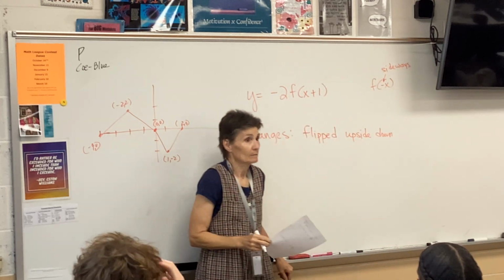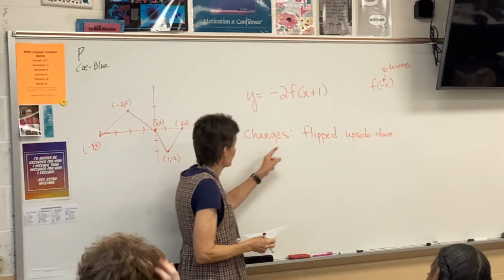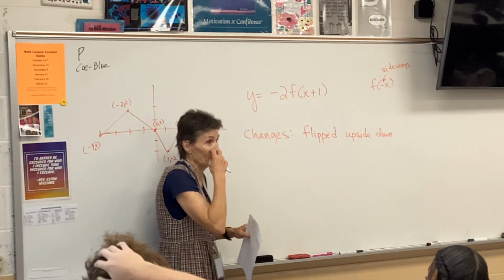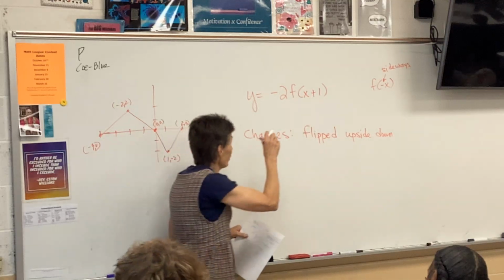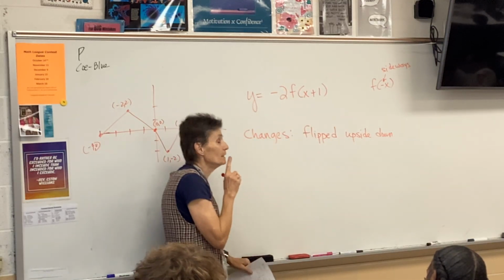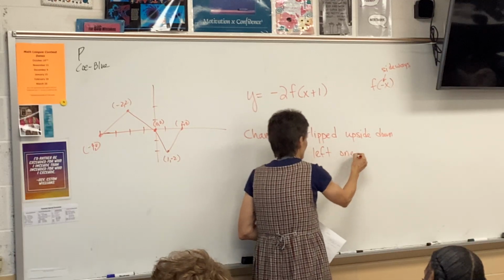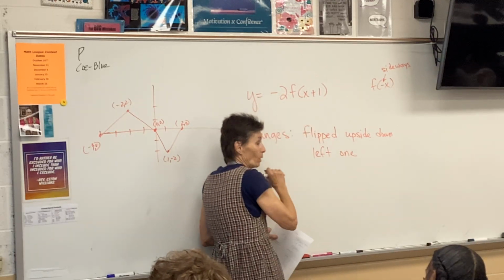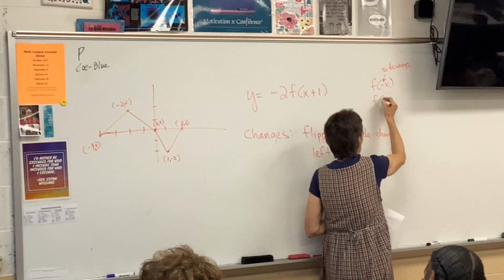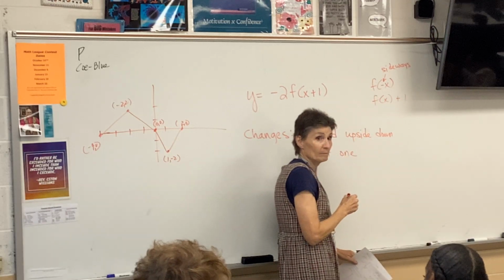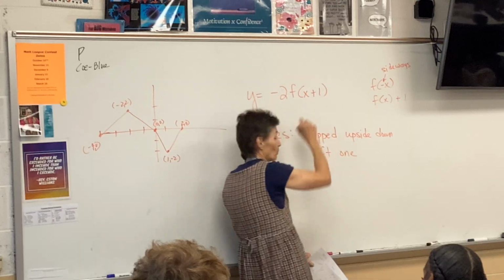Okay, so what else has happened? This has flipped it upside down, absolutely. What else has happened? It has gone where? Left one. Right there, that's left one. This would be up one. Yep, that's left one.